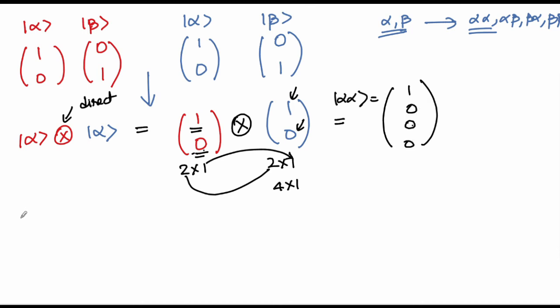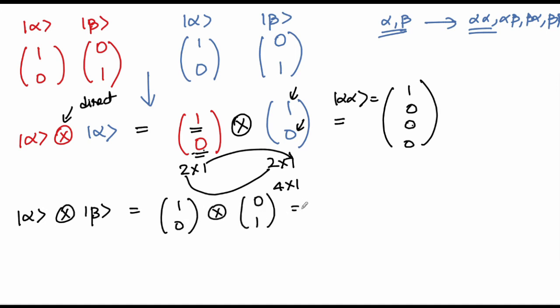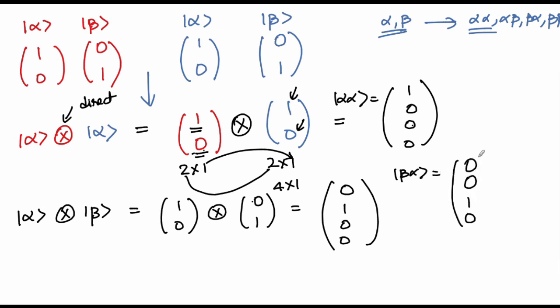Similarly, let's say we are doing the alpha beta state, that is going to be 1, 0 direct product 0, 1. This is going to be equal to 1 times 0 is 0, 1 times 1 is 1, 0 times 0 is 0. Similarly, if you do the beta alpha state, you are going to get 0, 0, 1, 0. And finally, the beta beta state is going to be 0, 0, 0, 1.